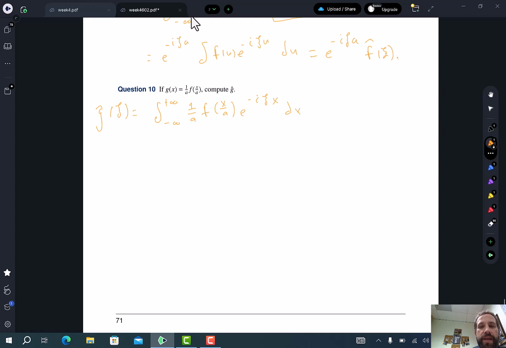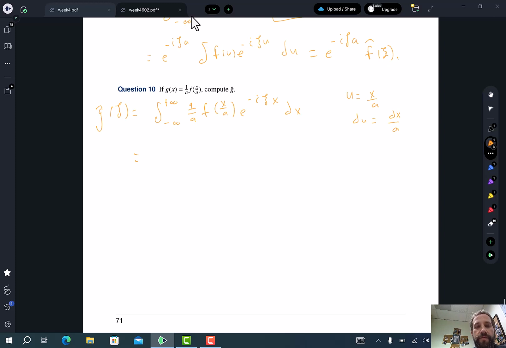Similar to above, I want to get this in terms of the Fourier transform of f. So it means I don't want the argument to f to be x over a. I want it to be whatever the variable is we're integrating. So I'm going to make a similar change of variables. U is going to be equal to x over a. So du then is going to be dx over a.